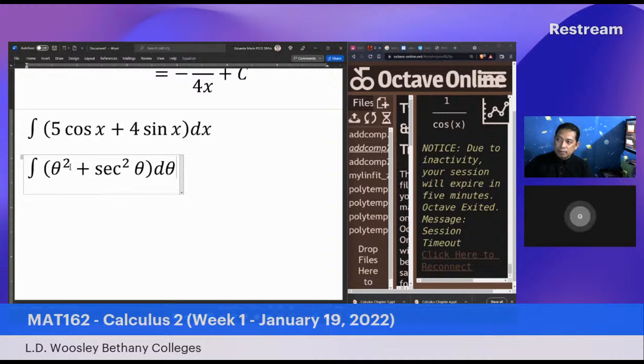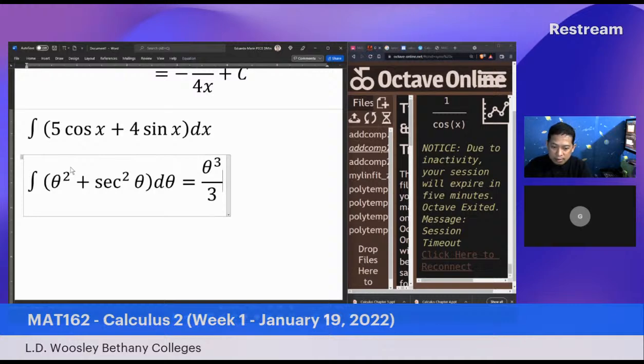Answer po, sir, ano po? Sige, go ahead. Theta raised to 3 over 3 po, plus tangent theta plus c. Okay, correct.